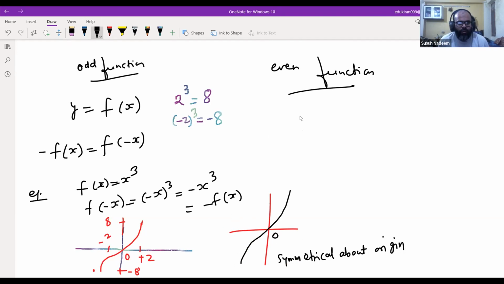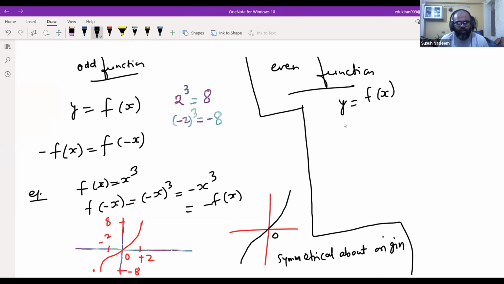Now, if you talk about y = f(x) as a function which is an even function, suppose you take f(x) = x², then f(-x) will be (-x)², where the minus will get absorbed.